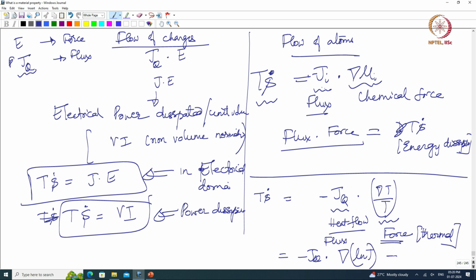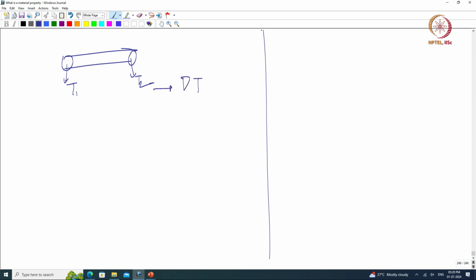So, the thermal force equivalent for dissipation is actually the gradient of temperature. If I have some bar with a temperature T1 here and T2 here, I have a gradient of temperature, and when there is a gradient of temperature, heat flows.